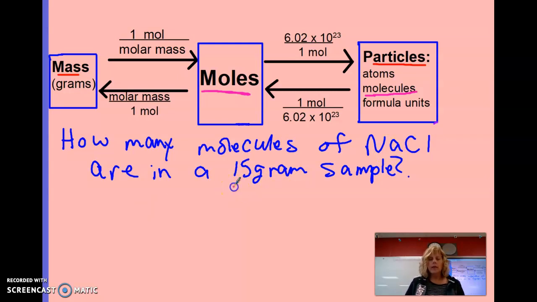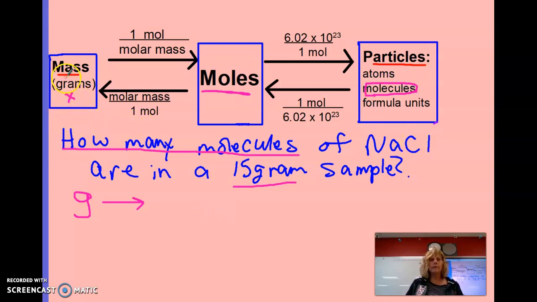I'm starting with 15 grams and I want to end up with molecules, right? So my path is going to go from grams, which is here, to molecules, which is all the way down here.